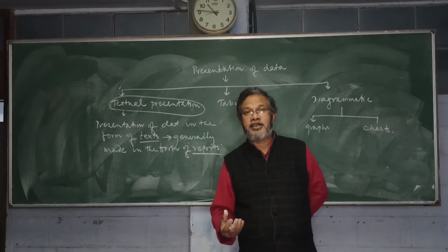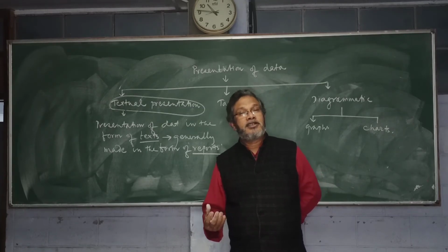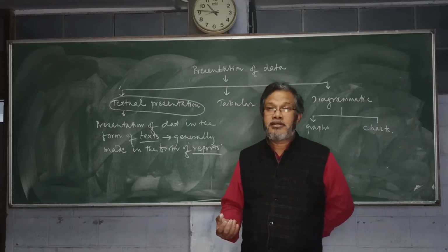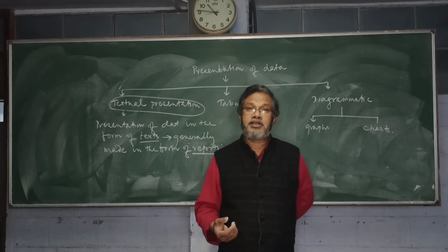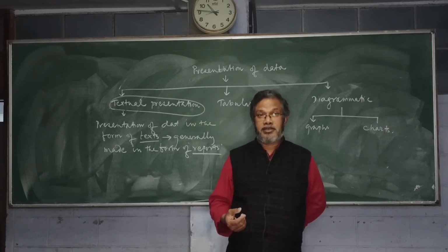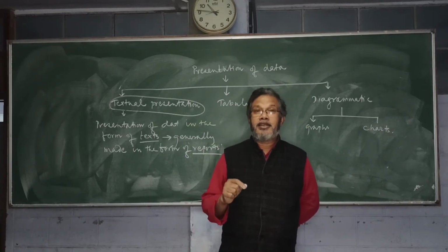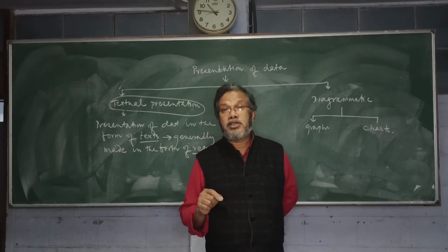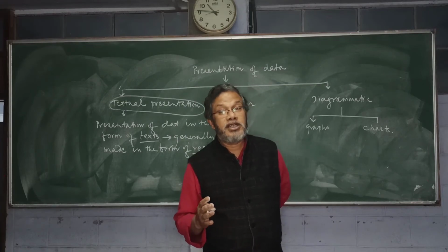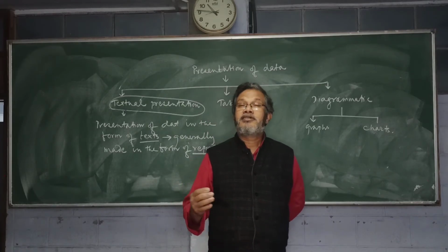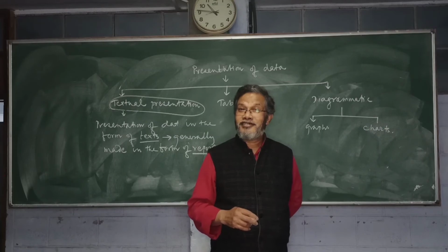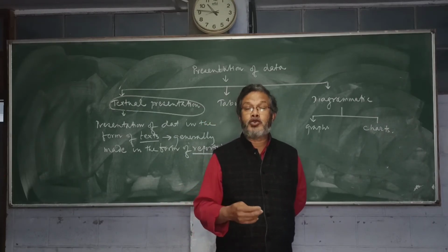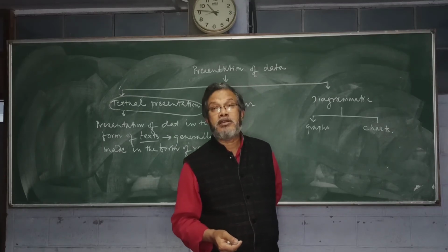I presented data for fifth semester, 37, third semester, 17, forthcoming first semester, 30. Again, there may be a division among the students. You 17 students, maybe there are 10 girls, 7 boys. Similarly, fifth semester, suppose 22 girls, 15 boys.